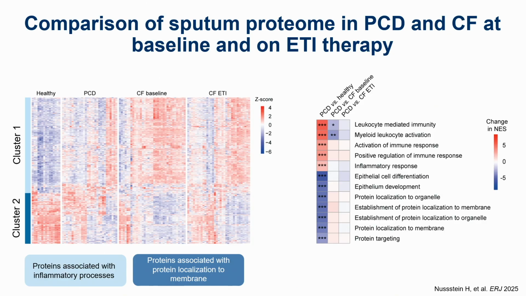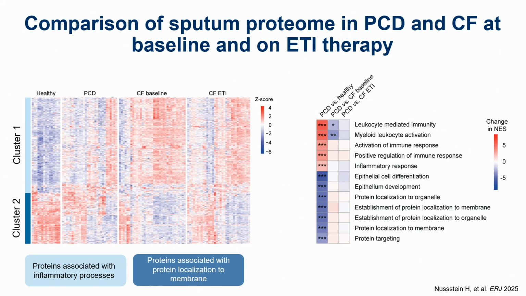The first one contains proteins that were more abundant in PCD and CF compared to healthy, and we saw that those proteins were primarily associated with inflammatory responses like leukocyte activation or phagocytosis.